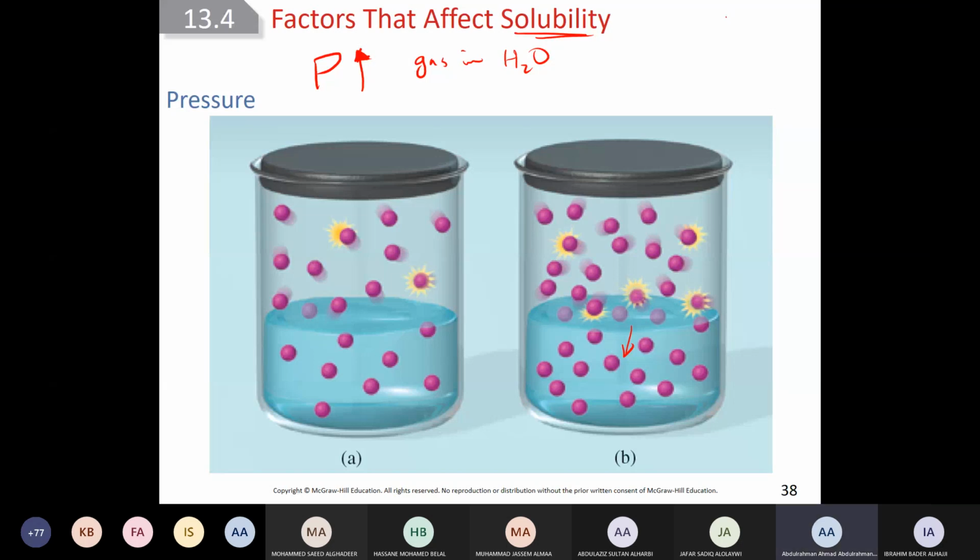Is this clear? This is less pressure. Pressure represents the gas above. This is higher pressure, and this one is lower pressure. Which one is dissolving more, at higher pressure or lower pressure? At higher pressure. Higher pressure dissolves more.